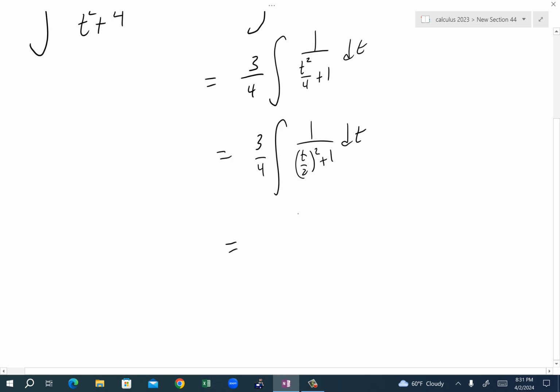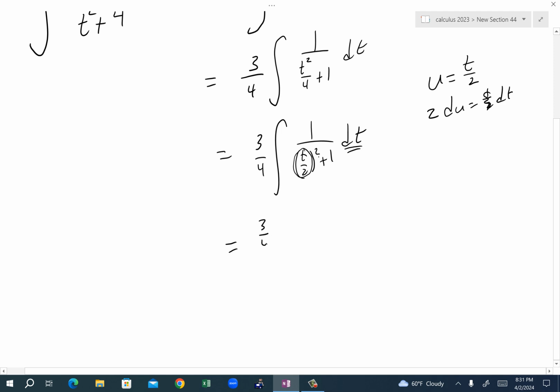Now, the thing to remember on this problem is you have to substitute this because it's a function in a function. So u is t over 2, du is 1/2 dt. Well, I don't have 1/2 dt, I just have a dt, so I have 2 dus.